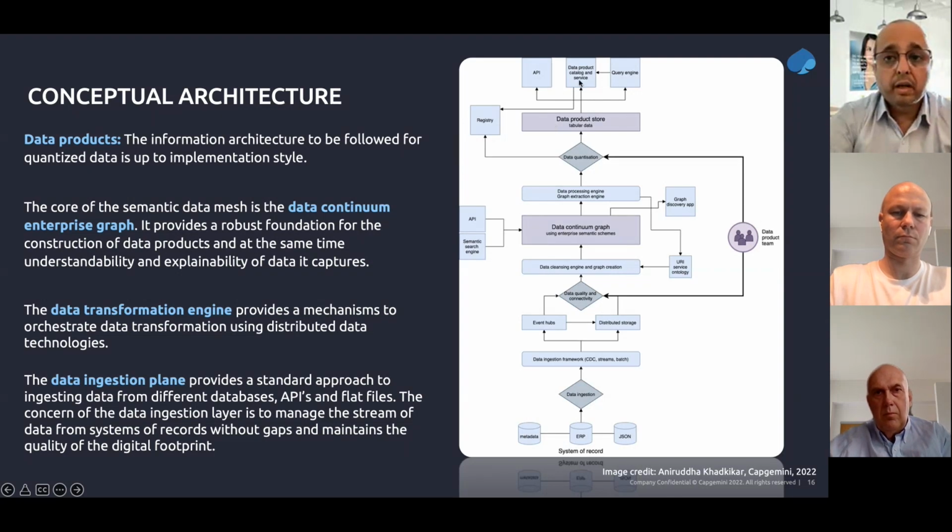And then having data product catalogs where users can subscribe to them and also have query engines to interrogate the data for different use cases, whether it's building a report or building a dashboard or just doing an exploratory analysis inquiry into data.